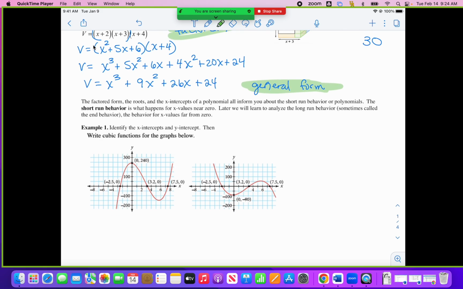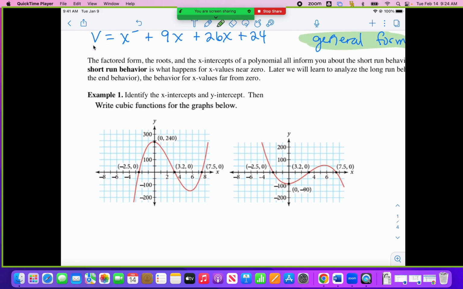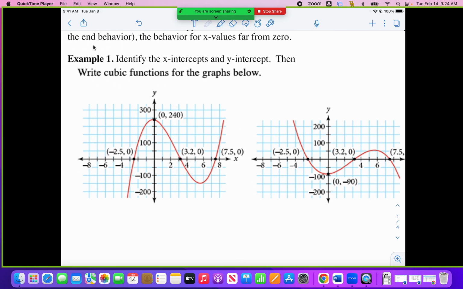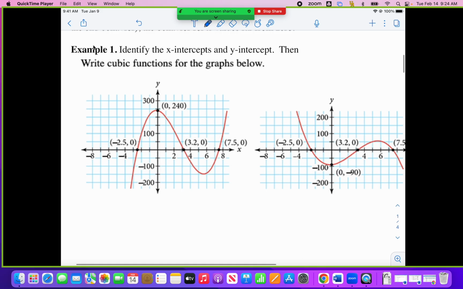So in example 1, it says identify the x-intercepts and the y-intercept. Then write the cubic function. So watch what we're going to do. What are the x-intercepts here?